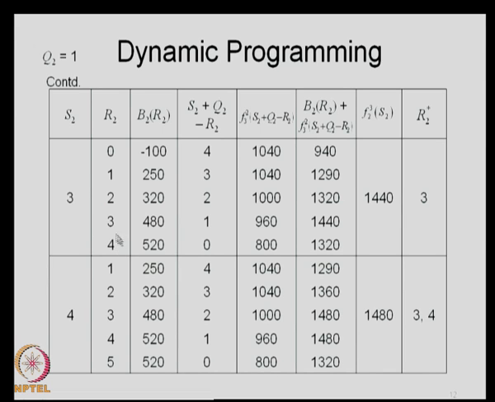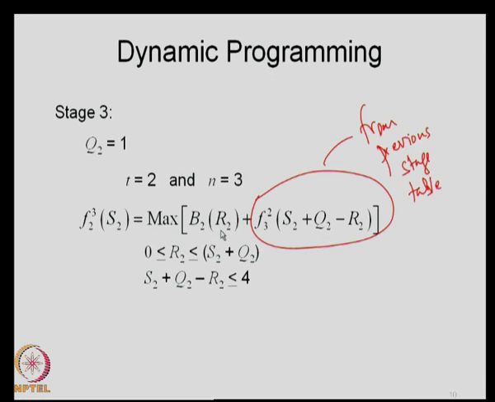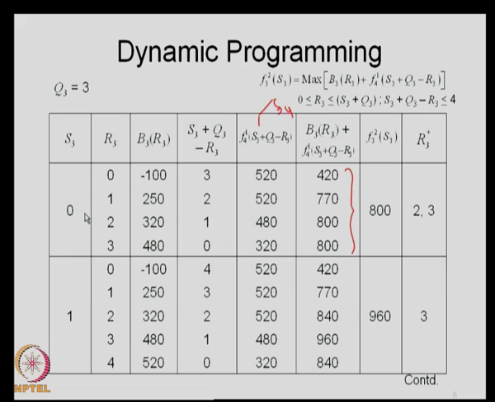Similarly, let us look at another R2 value, 4 here, 3 plus 1 minus 4, that will result in a value of 0 here. Corresponding to 0, you go to the previous stage calculation and pick up the optimal objective function value, 800.